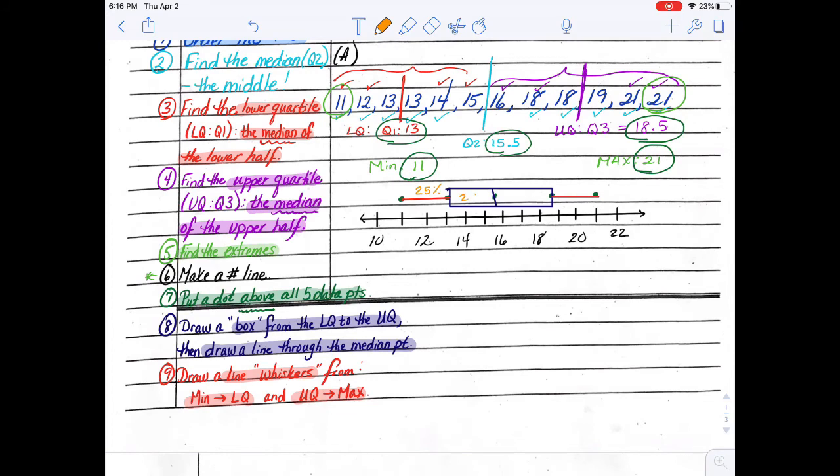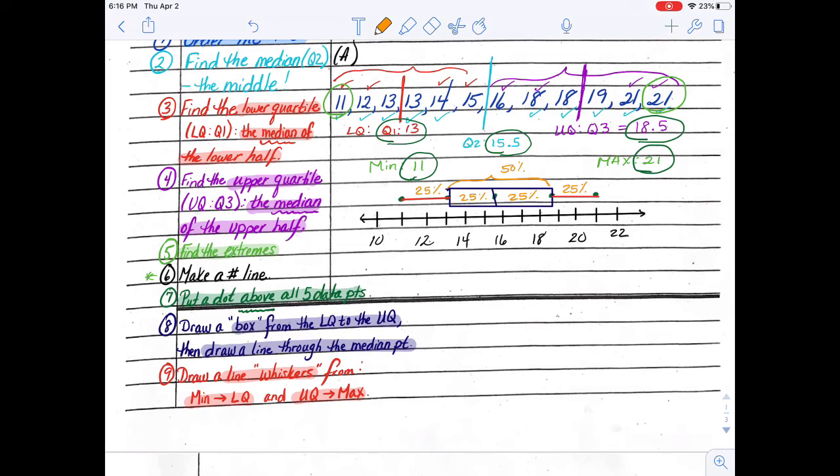The other 25% are inside this part of the box. 25% are in this part of the box. And 25% are on that line. What that means to me is inside that box, 50% of all my numbers are in there.